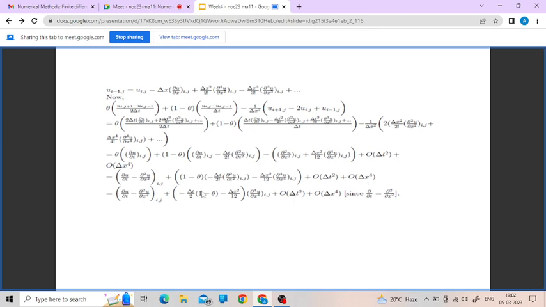So after solving, we are going to get del u by del t minus del square u by del x square at i comma j plus minus del t by 2 into 1 minus theta minus del x square by 12 into del 4 u upon del x to the power 4 at i comma j plus order of del t square plus order of del x to the power 4, which is option C. Fine. I hope you are getting it.